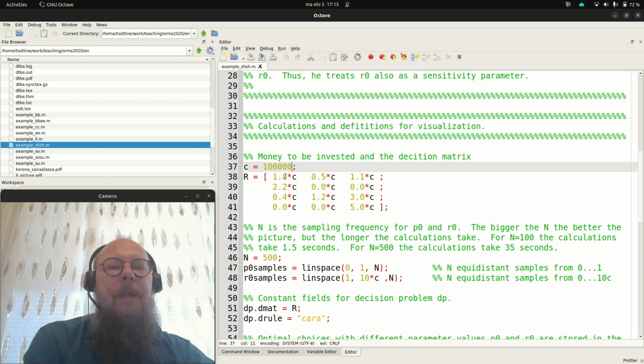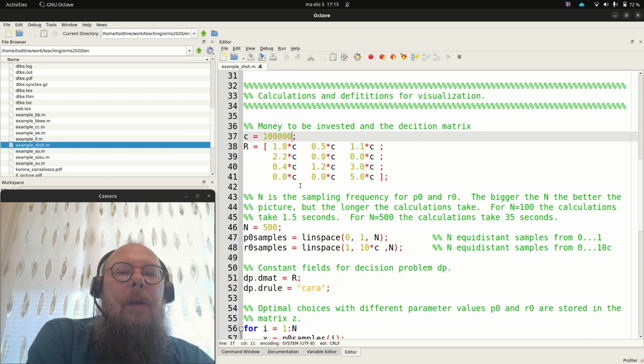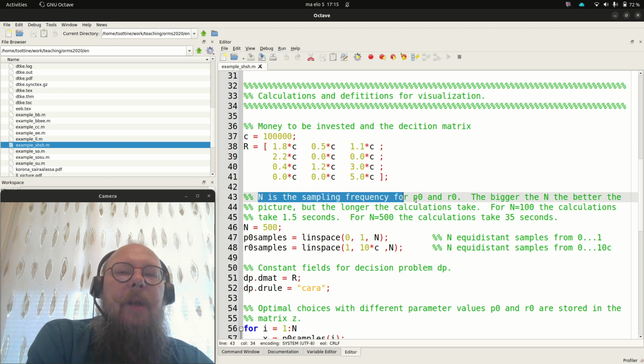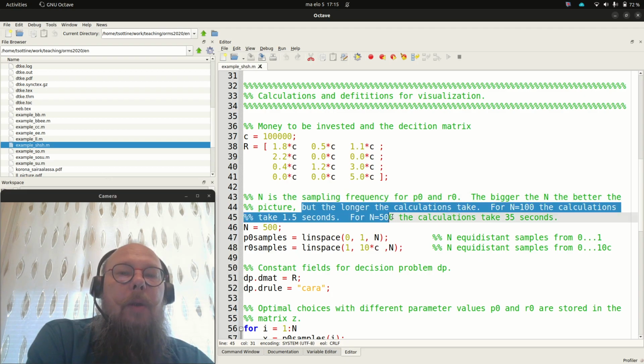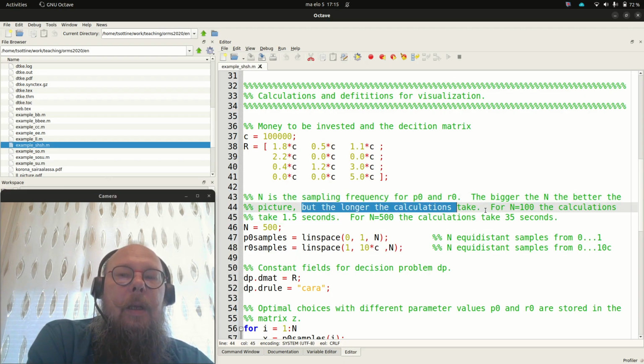And what comes next? Next, we have to solve these decision problems for different parameters. So I decided capital N to be the so-called sampling frequency for P naught and R naught. The idea is the bigger the N, the better the picture. The picture is smoother and more precise, but the longer the calculations take.